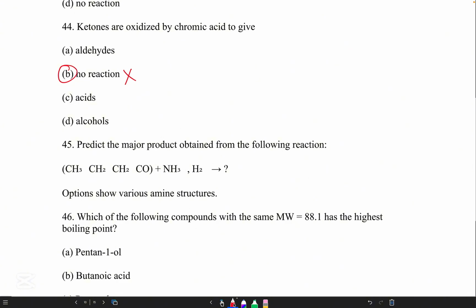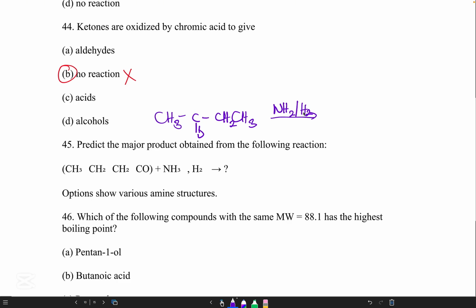Sorry, let me write it. The reaction is something like this: CH3, C double bond O, then CH2, CH3, then passing it through ammonia and H2. And you are asked to predict the product of the reaction.